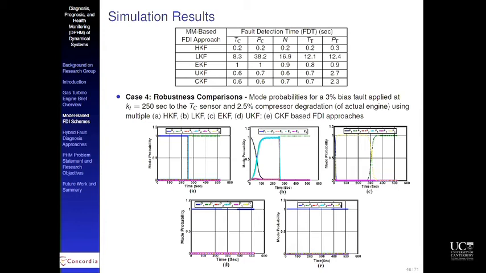It says that there is a fault here, whereas we know that up to 250 there is no fault. But after 250, when there is a fault, it actually properly classifies the mode. Other methods, even nonlinear methods, none of these methods can actually detect the right mode probability.